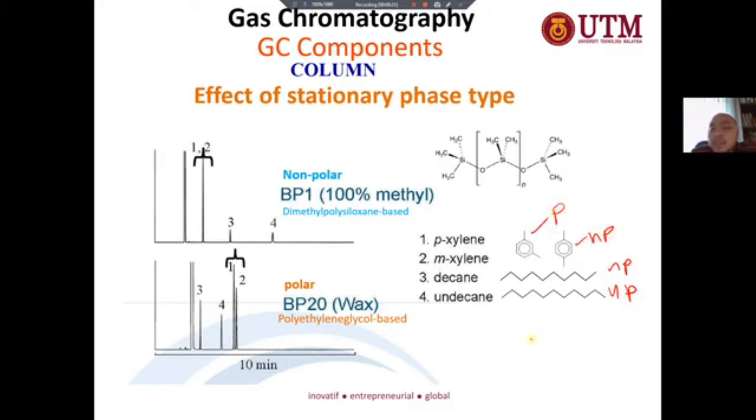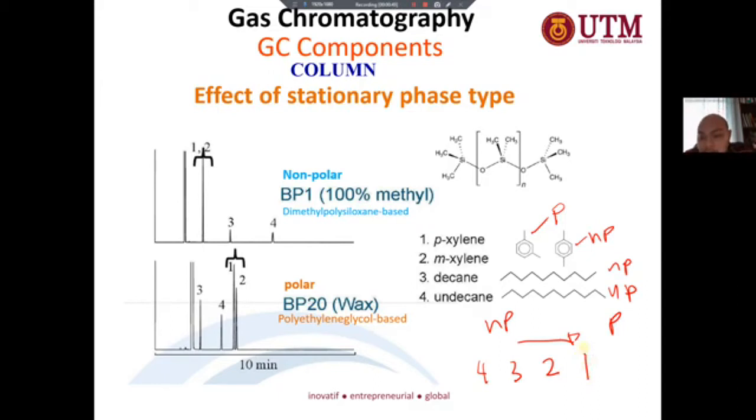If we sort by polarity, from non-polar to polar, the most non-polar is number 4, undecane, followed by number 3, then number 2, then number 1. Number 1 is the most polar.